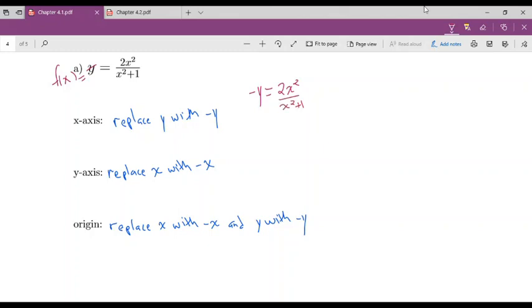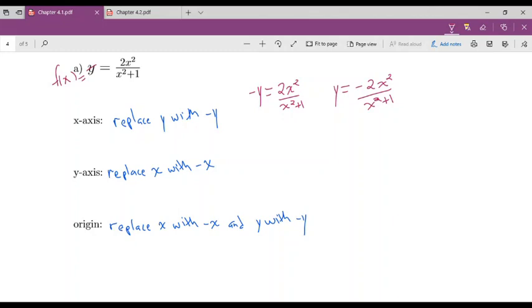Now I need to get y by itself, so I'm going to divide by negative 1, or multiply by negative 1 if you want it to work that way too. I get y equals negative 2x squared over x squared plus 1. There's nothing I can do to this equation to get rid of this negative, to cancel it out or simplify it.